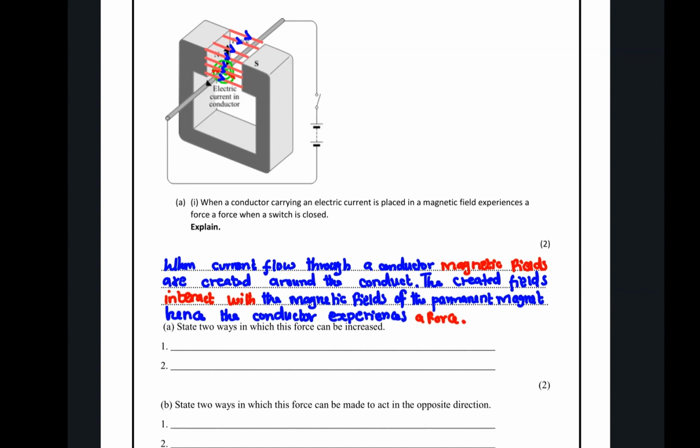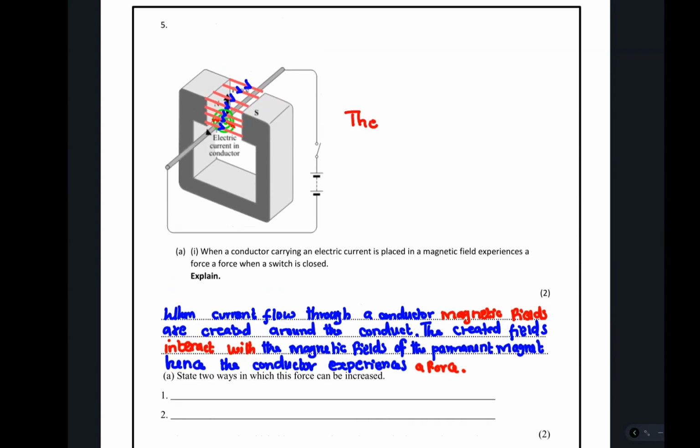Part B, you are supposed to state two ways in which this force can be increased. How can you increase this force? Remember, this force is as a result of the fields of the permanent magnet, and also as a result of the flow of current. So we can increase this in two ways.